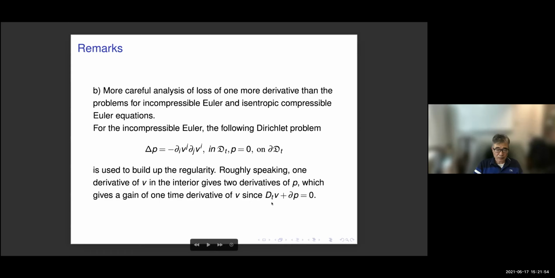This is crucial in the study of regularity of the free boundary problem of the incompressible Euler equation.